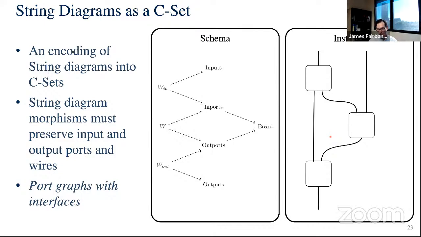But when you implement algorithms involving string diagrams, you often need to handle the in wires differently from the out wires, different from the internal wires. And so having that kind of case, this schema turns a case statement in the algorithms into different objects in the schema. So you're kind of baking something into the schema directly.